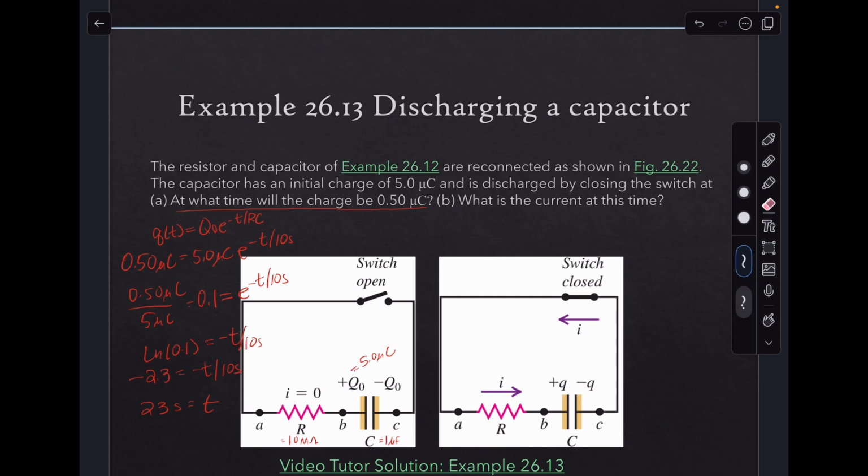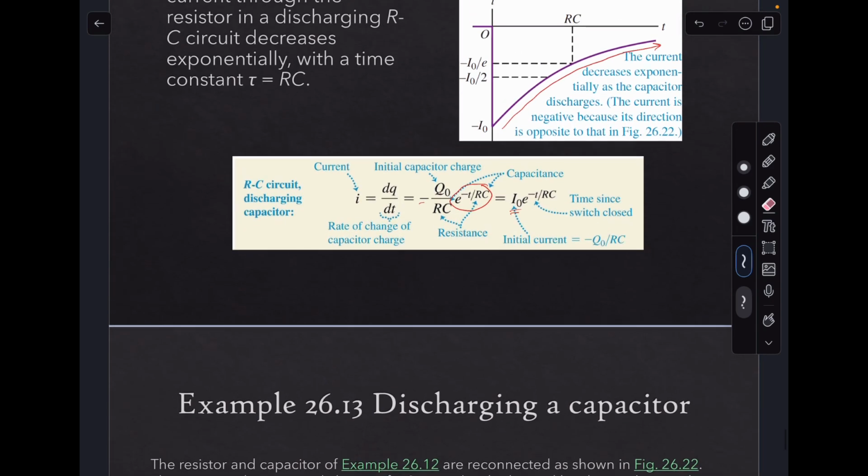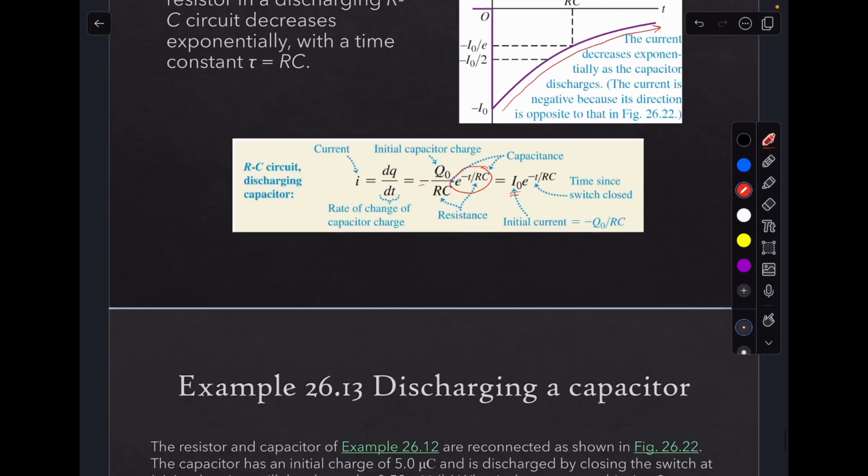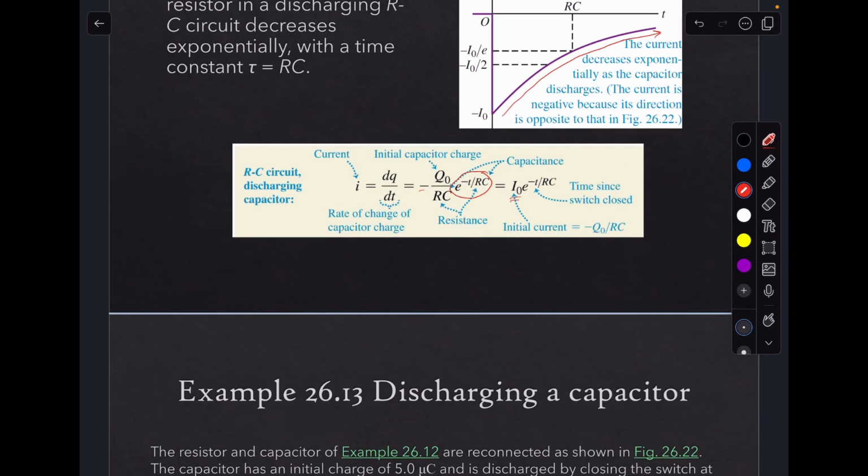And part B is, what is the current at this time? So the current then, we plug in t equals 23 seconds. We need to know our initial current though, which is charge divided by RC.